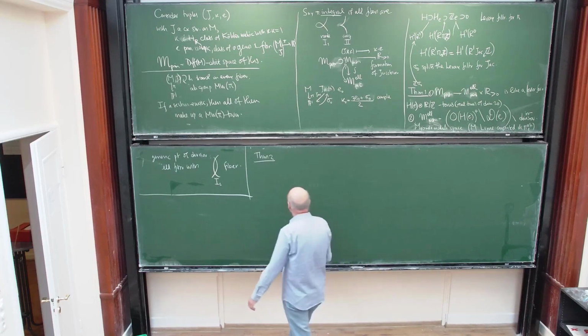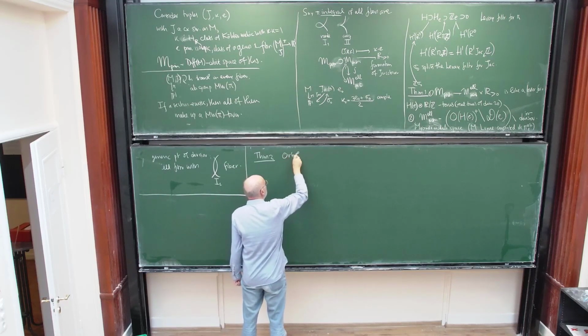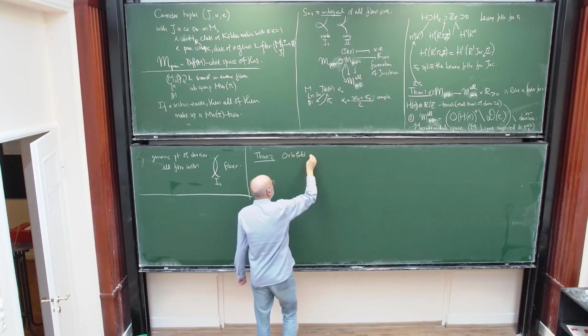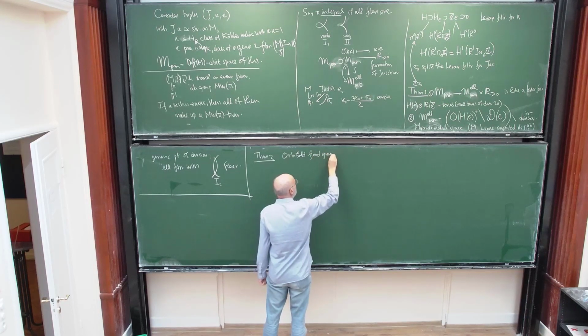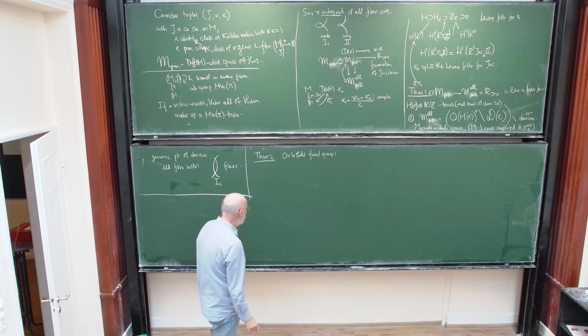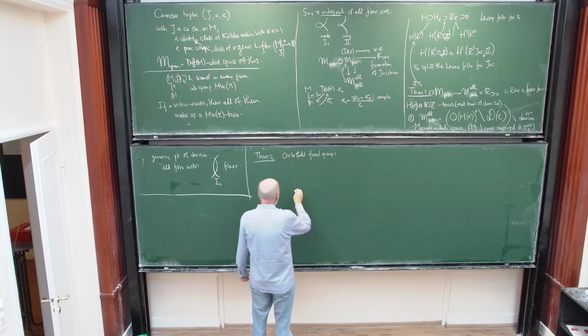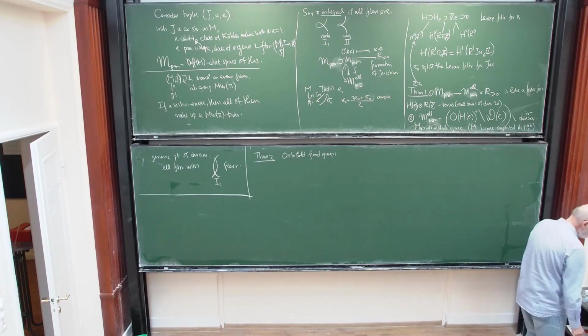So, well, we have a Cartesian square. It's important to draw it in the right way.